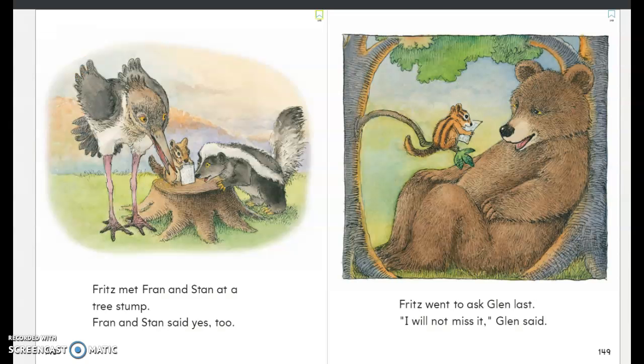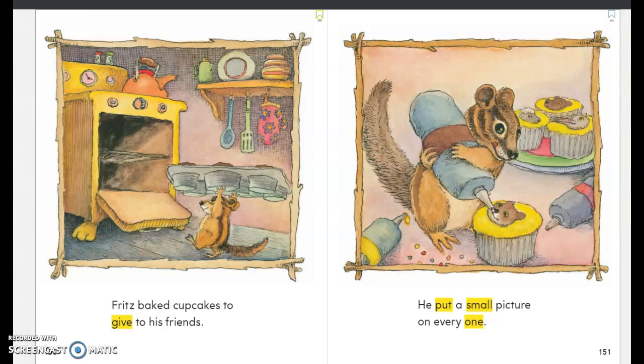Fritz met Fran and Stan at a tree stump. Fran and Stan said yes, too. Fritz went to ask Glenn last. I will not miss it, Glenn said. Fritz baked cupcakes to give to his friends. He put a small picture on every one.